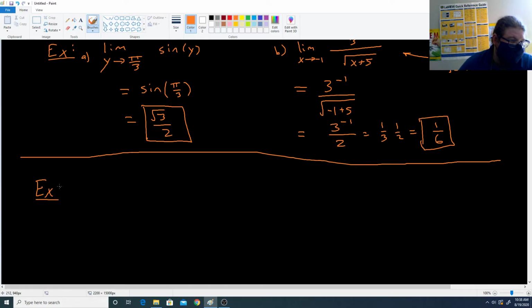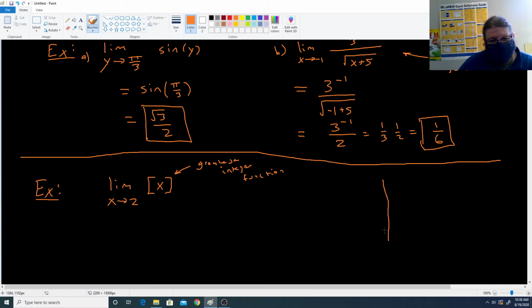The last example we're going to talk about is they want us to look at the limit as x approaches 2 of this symbol right here. Our book uses this for the greatest integer function. So our book calls that the greatest integer function. And what the graph of this thing is, so you guys can see this, is like the function that always rounds down. So every decimal from 0 gets rounded down to 0 until you get to 1.